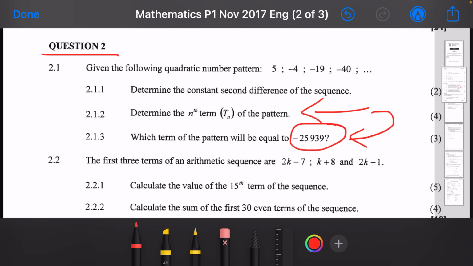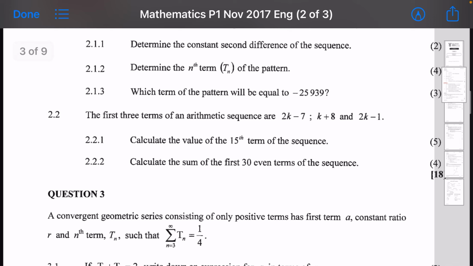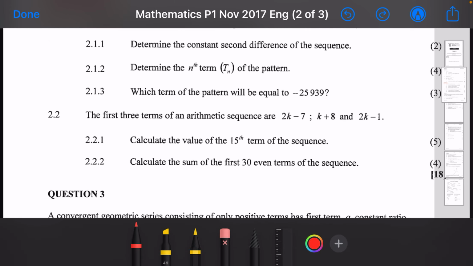Question 2.1.3 says, which is allocated 3 marks, which term of the pattern will be that? Ladies and gentlemen, the cream of the question: which term? That means you need to say n is equal to whatever number you get.